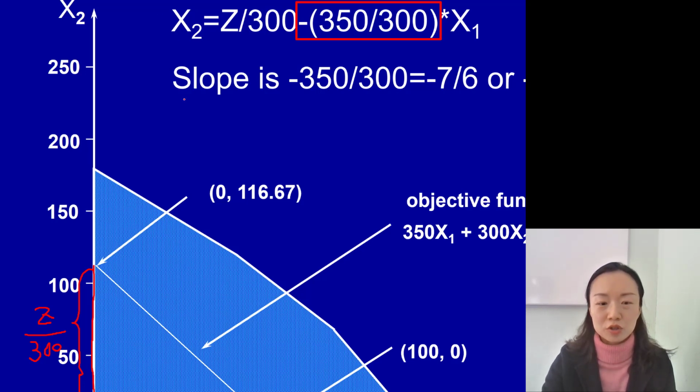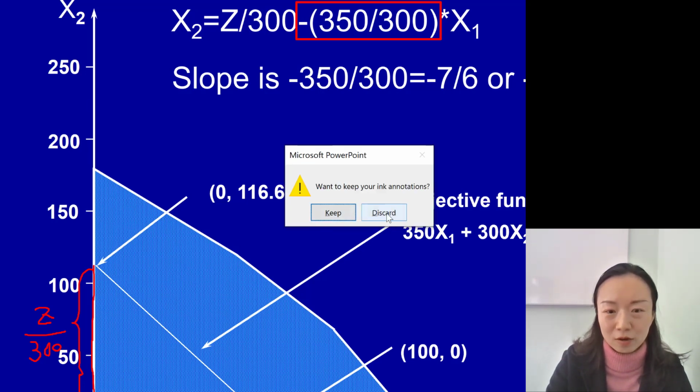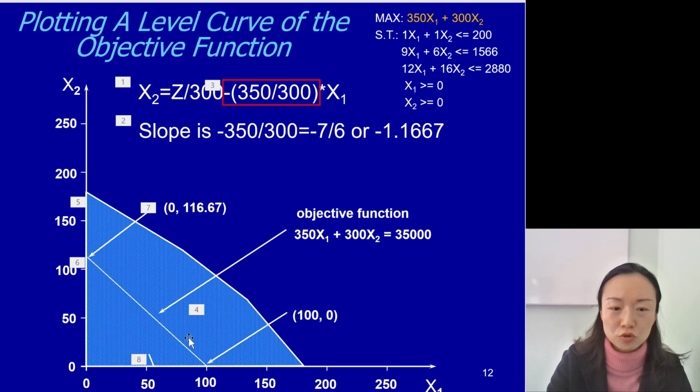Then if we just want to draw any line using this equation here, the easiest way to draw one line would be to start from, because the slope is negative 7/6, the easiest point will be 60, okay?